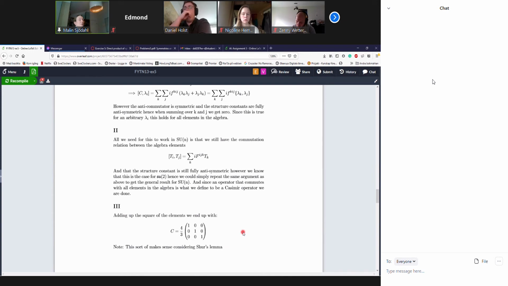That 1 will then be a 1 in the 2 out of 3 rows and columns taken up by the sigma matrix in question. So you will have 1s in the 1 and 2 positions on the diagonal, or in the 1 and 3 positions, or in the 2 and 3 positions. And the last generator is diagonal, so it is trivial to square it.